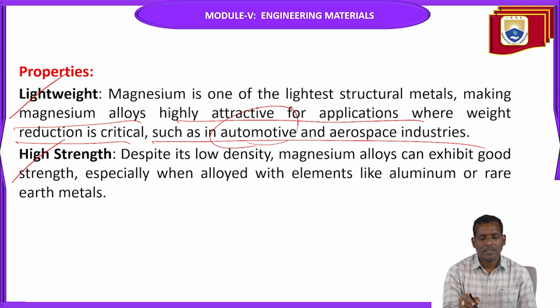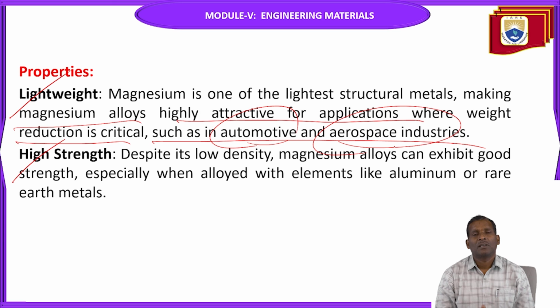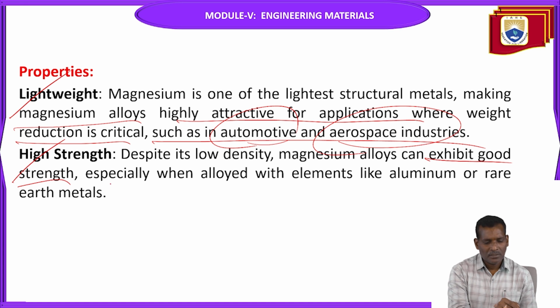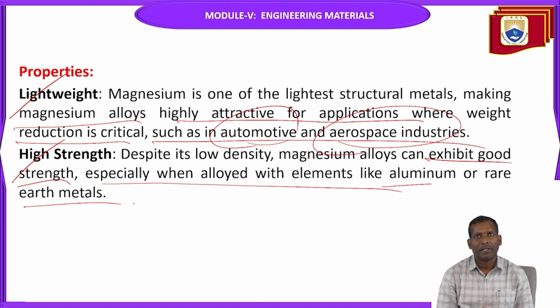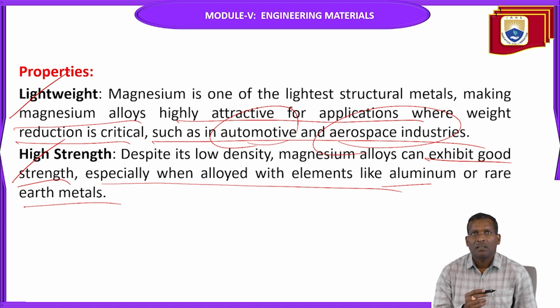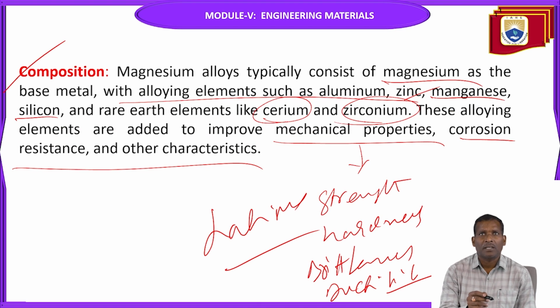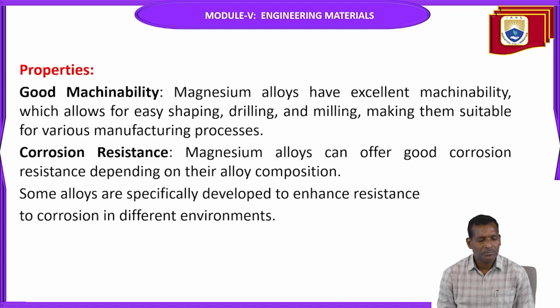So automotive and aerospace industries frequently use these materials, because in these two industries weight reduction is critical. Despite its low density, magnesium alloys can exhibit good strength, especially when alloyed with elements like aluminum or rare earth metals like, as shown here, cerium and zirconium.